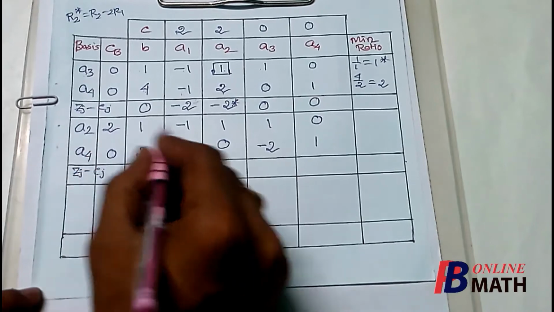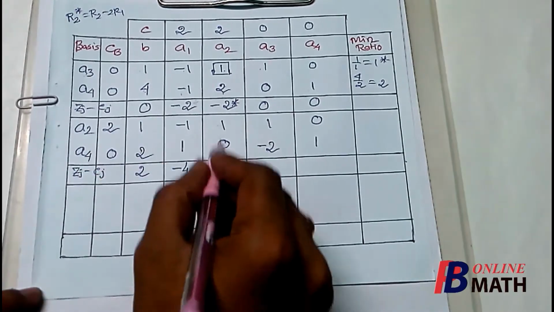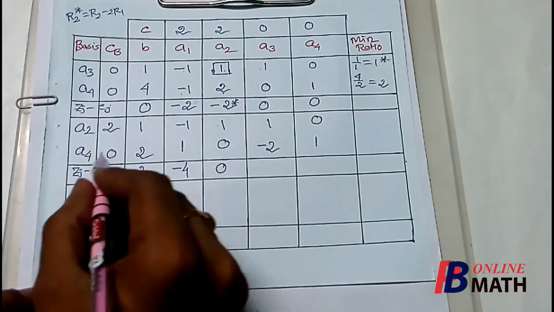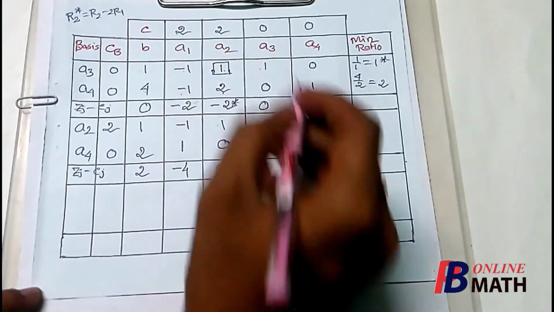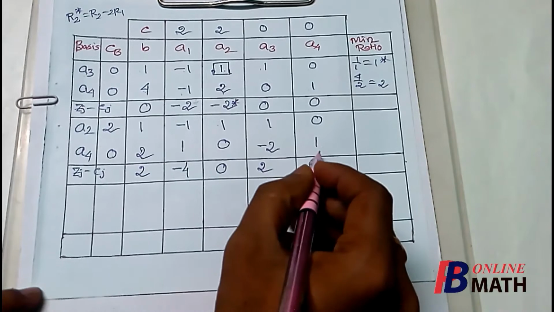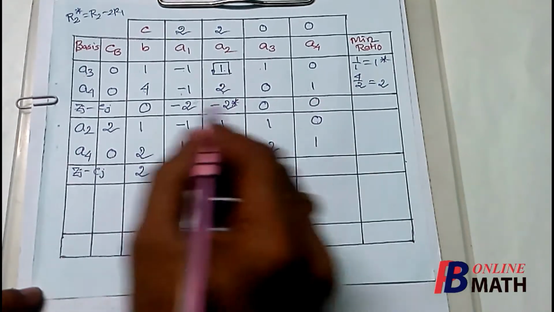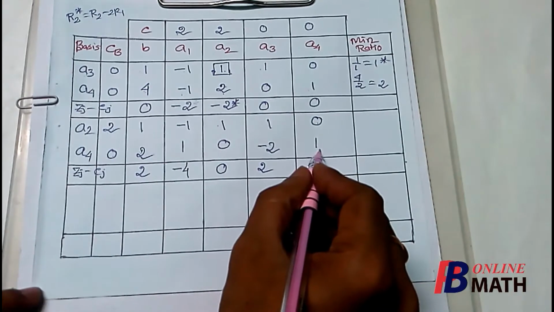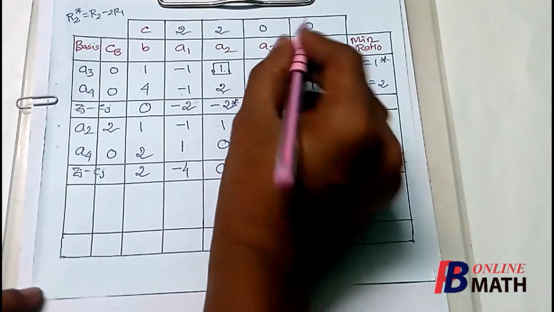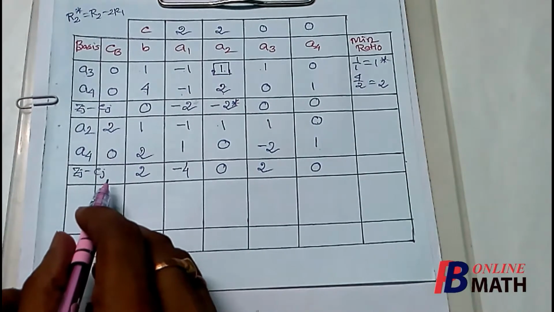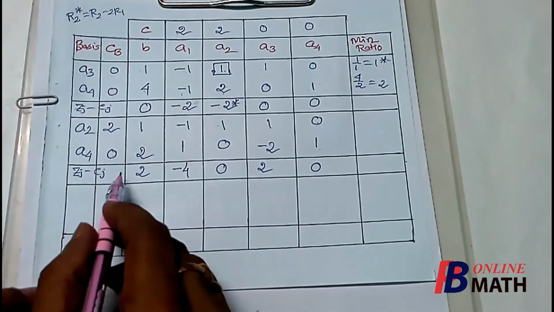This will be 2 into 1 plus 0 into 0 minus 2, which is 0. Now this will be 2 into 1 plus 0 into minus 2 minus 0, which is 2. And this will be 2 into 0 plus 0 into 1 minus 0, which is 0. So we have computed all the values of Zj minus Cj.